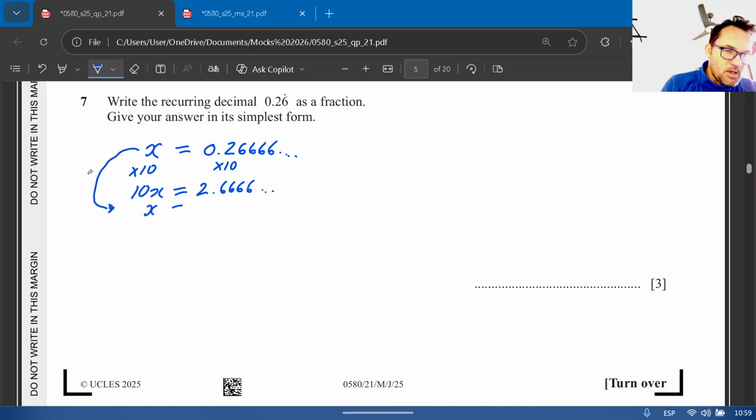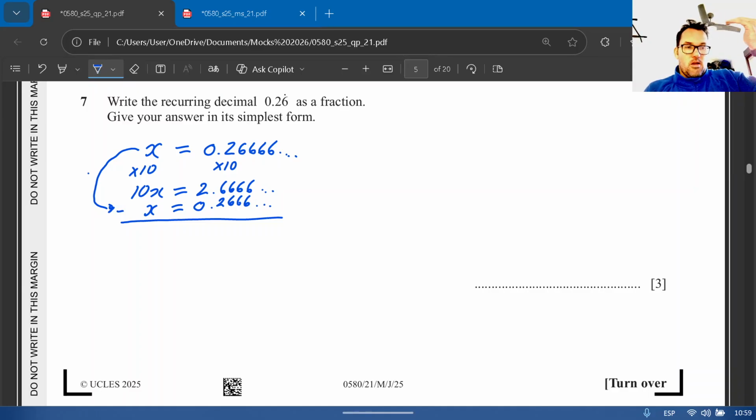So x equals, and make sure everything is perfectly lined up. Meaning the equation, the x's, the decimal points, and each value. Because that will show clearly then why the next step will work when we subtract the bottom equation from the top equation. 10x minus 1x will give us 9x.